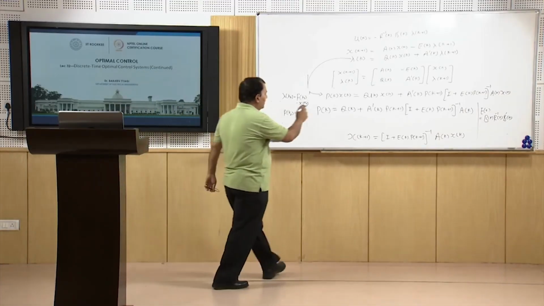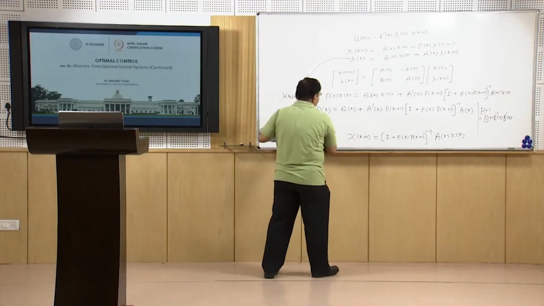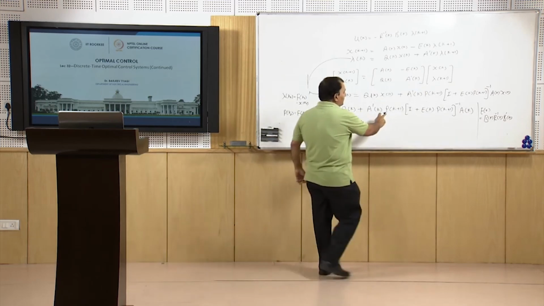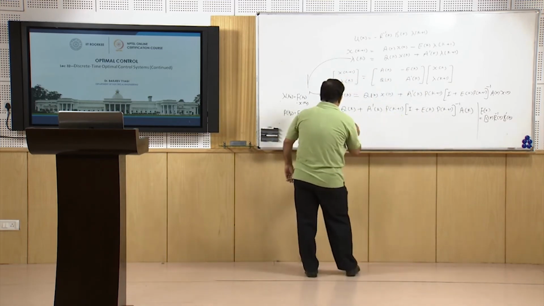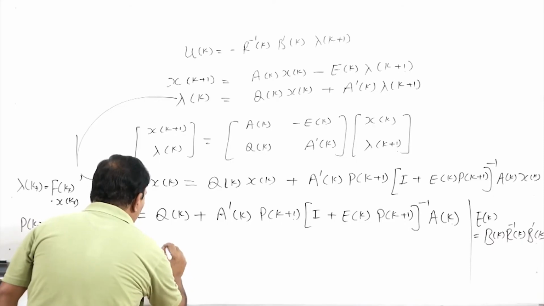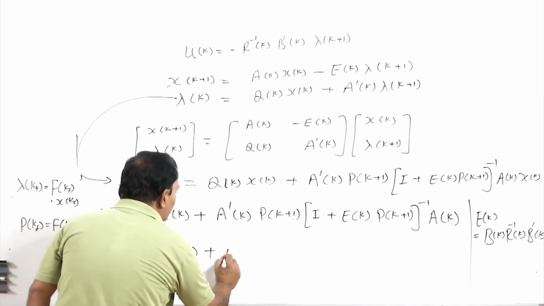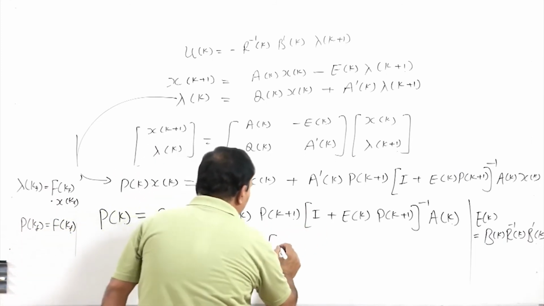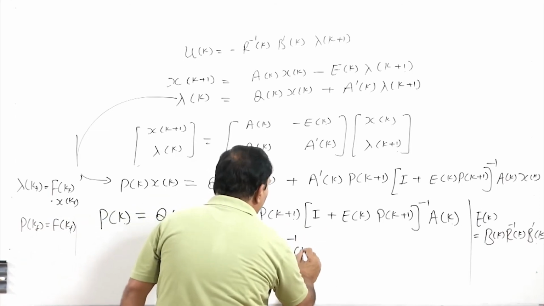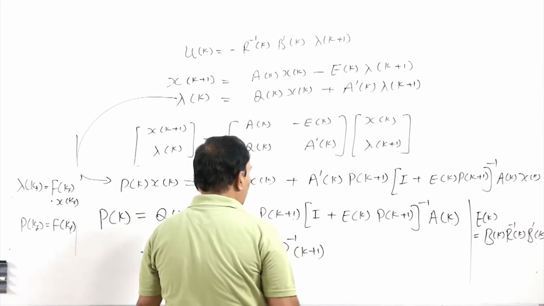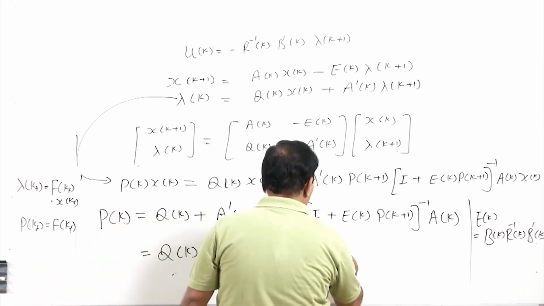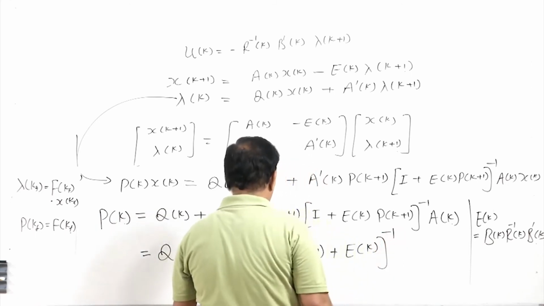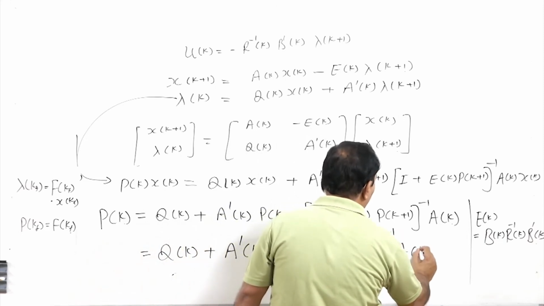And alternatively, I can also write this equation in another form. If I take this pk inside the bracket, it is the same equation: qk plus A prime k, pk I am taking inside, (P inverse k plus 1 plus Ek) whole inverse Ak.